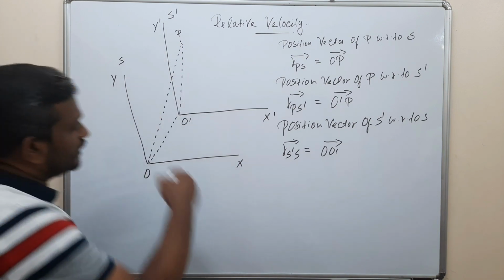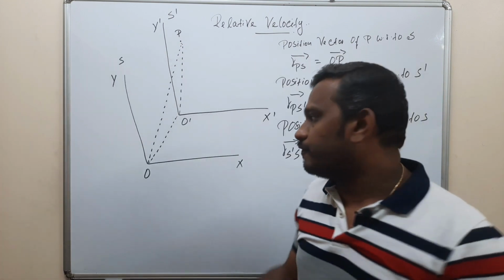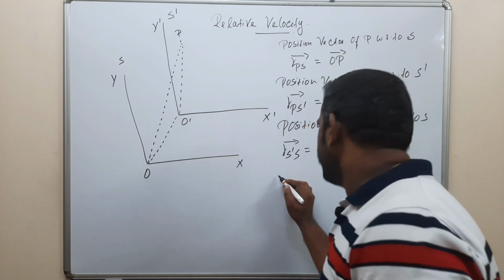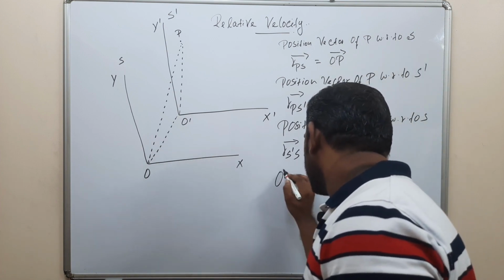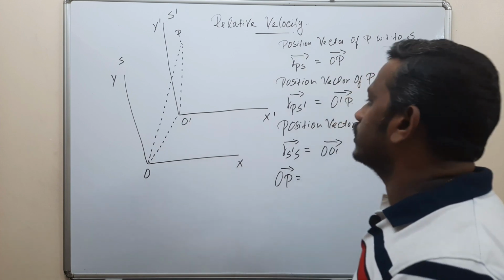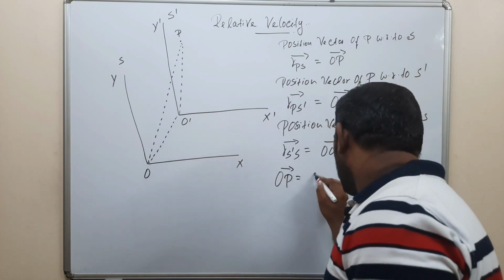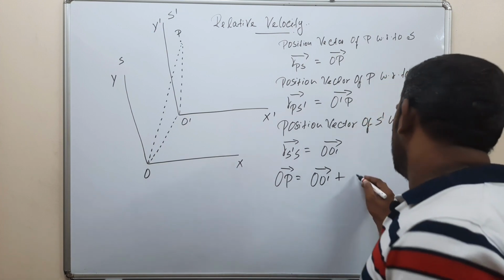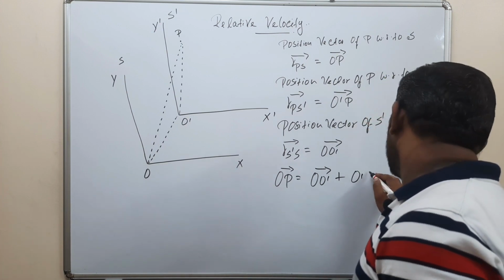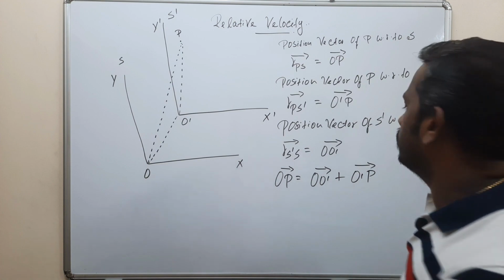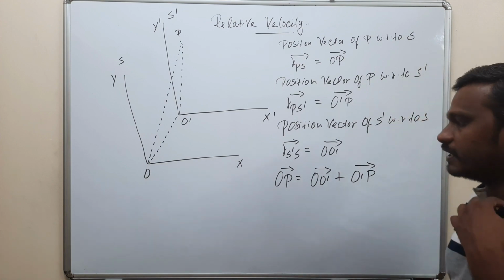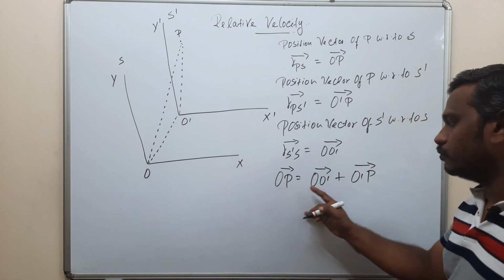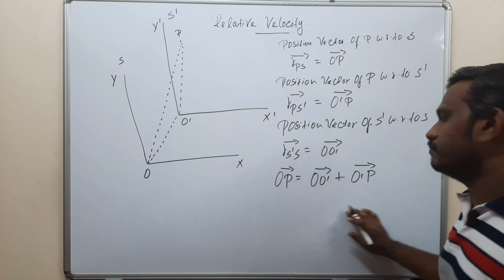So from this diagram we can write the OP vector is equal to the OO dash vector plus the O dash P vector. Am I right? From the diagram we can write OP vector is equal to OO dash vector plus O dash P vector.